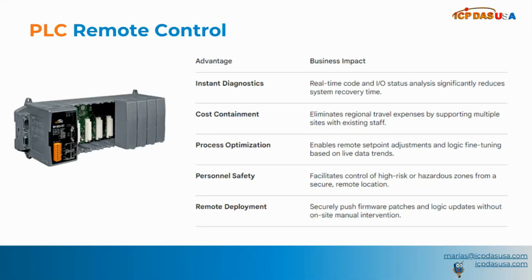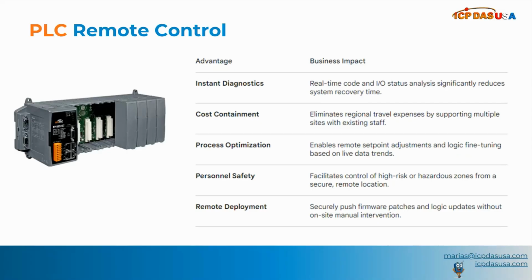The business advantages of this remote access are clear. Through instant diagnostics, engineers can provide real-time code and I/O status. They can reduce system recovery time when failures occur. This directly leads to cost containment, as companies can eliminate regional travel expenses by supporting multiple sites with existing staff.